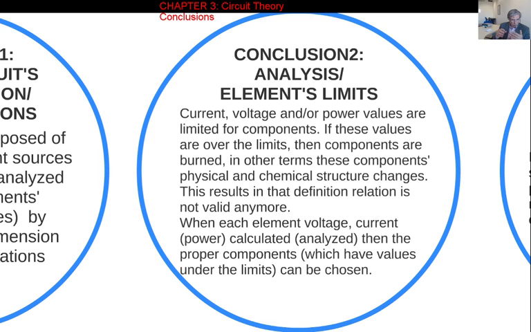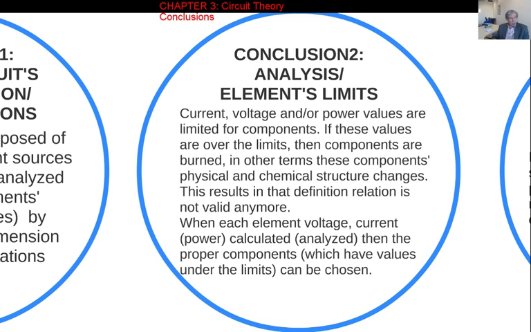So we've got to have these elements lower than these limits. Another example, for a resistor, according to the manufacturer's information about these resistors, some of them say that the highest power that the resistor could absorb is 0.25 watts.